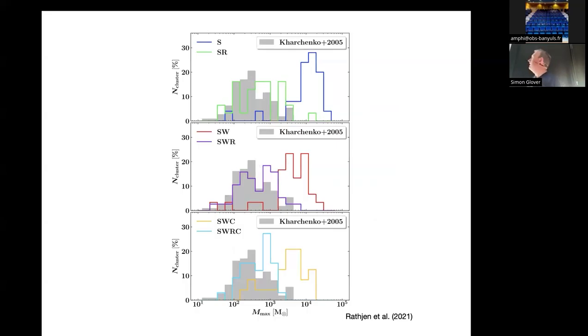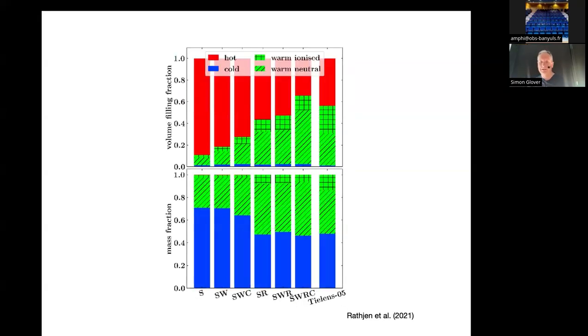You also, if you look at the cluster mass distribution, with just supernovae, you get clusters which are far more massive than the actual observed distribution. Whereas once you switch on something like radiation feedback, you get distributions which much better represent what the observations actually show.